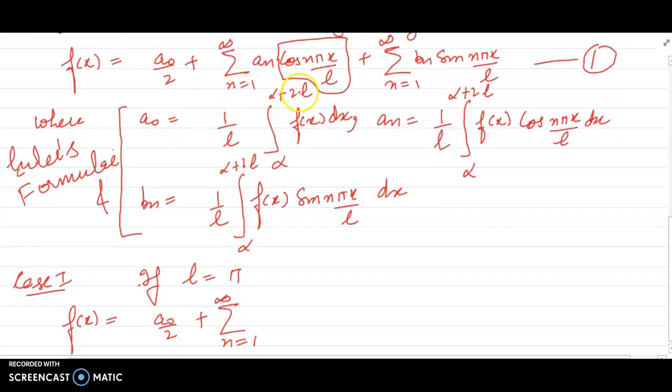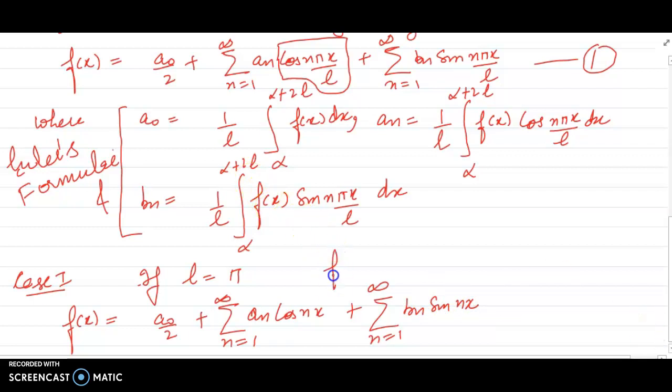When you replace l by pi, l and l will cancel out and we will be left with cos of nx. Similarly in the second part, if we replace l by pi, pi and pi will cancel out and we will be left with sine of nx. Now this is the Fourier series.